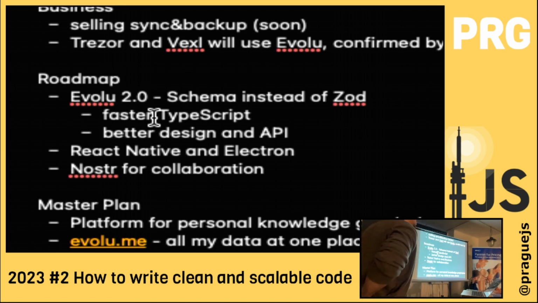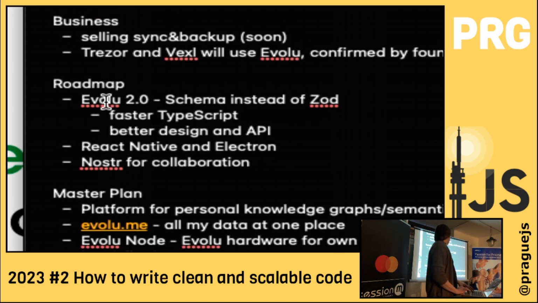The core logic is super stable. Evolu will only switch from Zod to schema, because Zod is nice and all, but schema is much, much better. Zod is a copycat of io-ts, and schema is from the author of io-ts. So from your point of view, it changes almost nothing. Some functions will have a different name and type probably, but nothing serious. But it's a breaking change, so that's why Evolu 2.